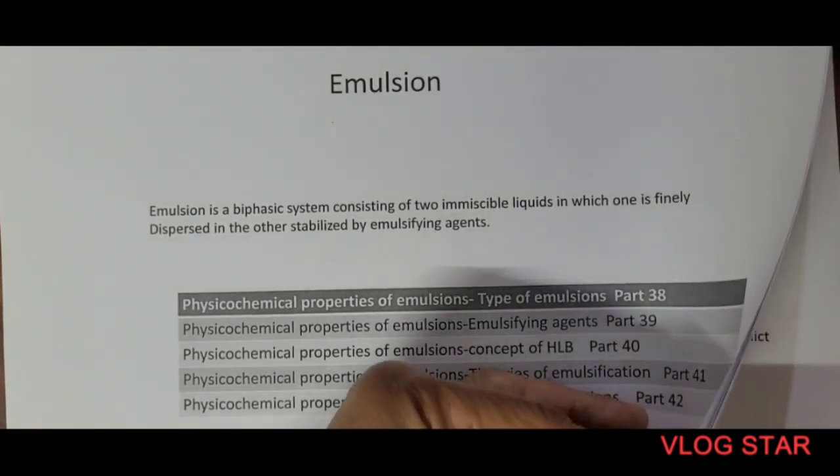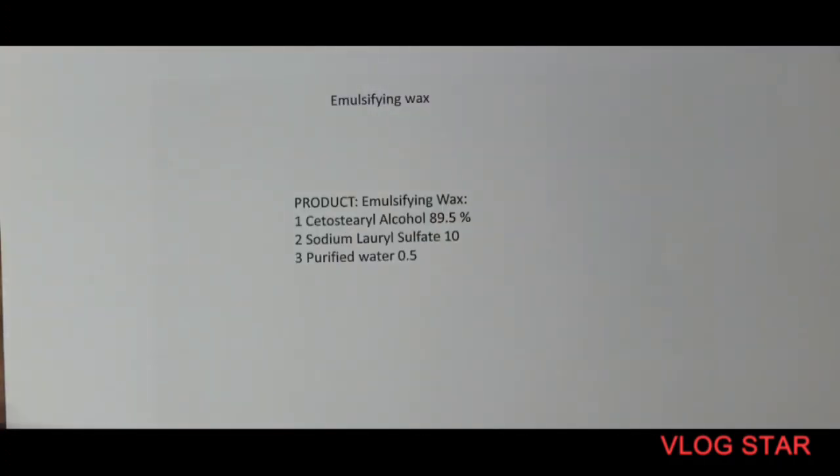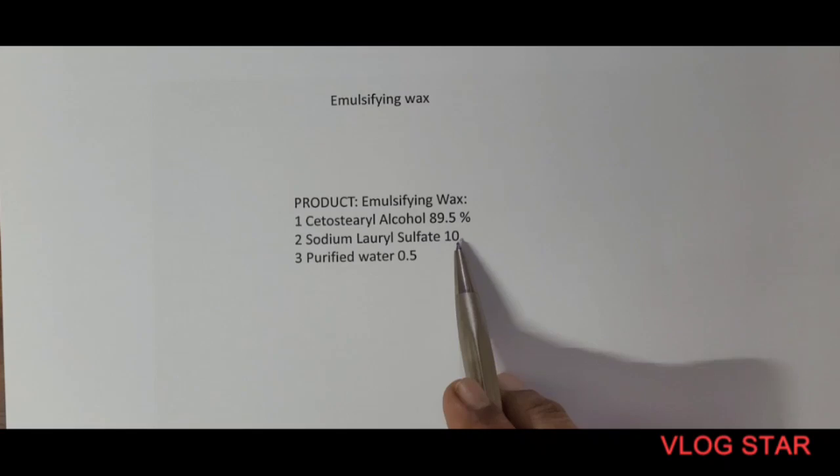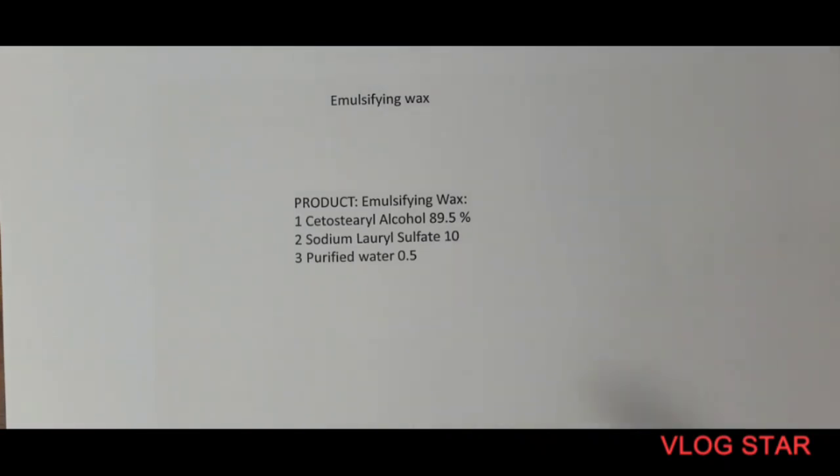Now, in this video I'm taking a particular emulsion. You would have heard about emulsifying wax. I'm taking this simple thing, emulsifying wax BP. Emulsifying wax has cetostearyl alcohol, sodium lauryl sulfate and purified water.